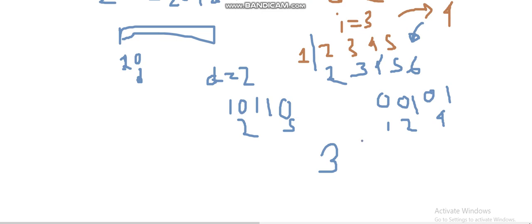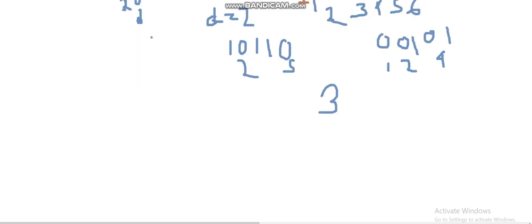Now if we are going from the third index to the fourth index, how will our mask change? Let's say this is our mask, 1 0 1 1 0. If we left shift our mask, it will become 1 0 1 1 0 0.